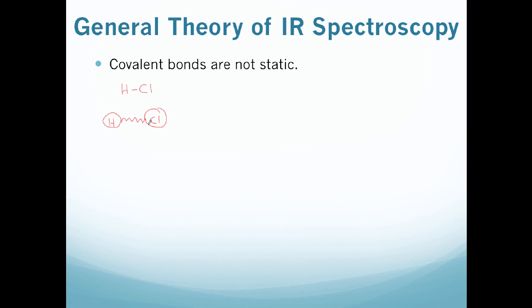And now the spring, we can stretch the spring by adding energy. And for IR spectroscopy, the energy is light. So when energy is put into this, the spring will be stretched.